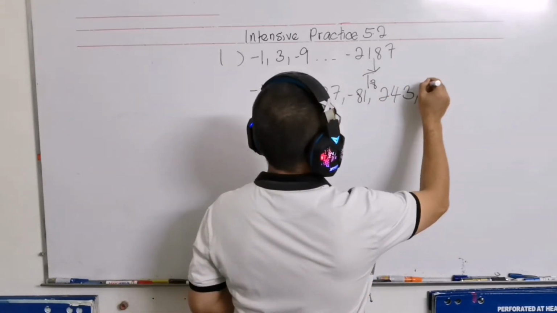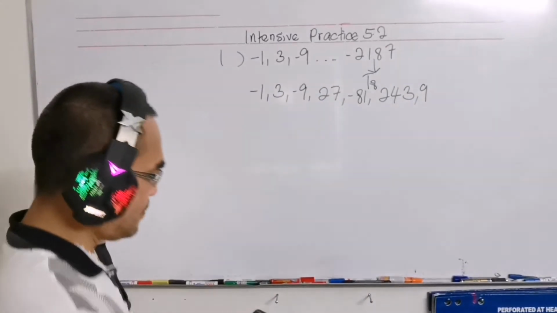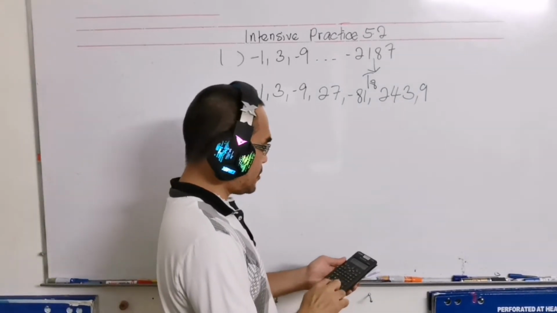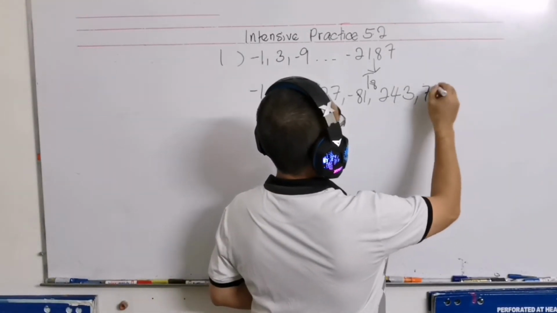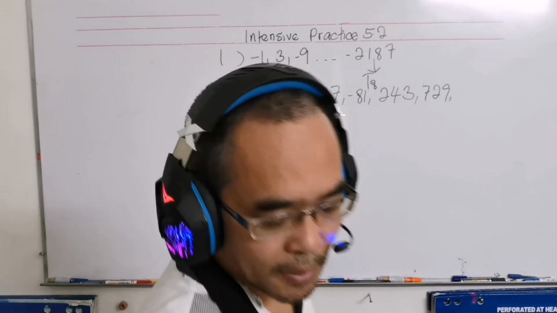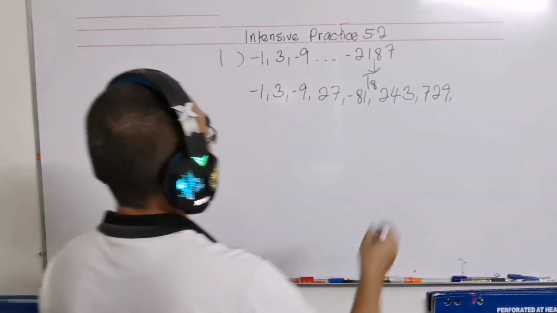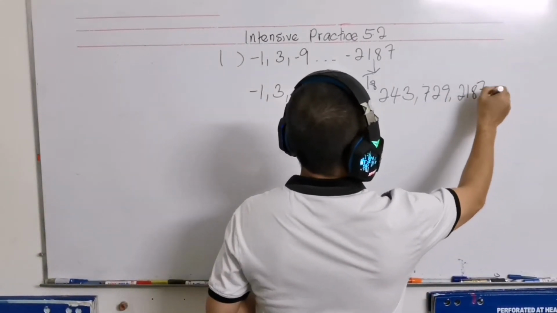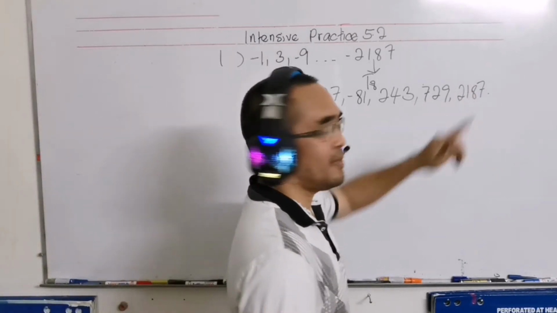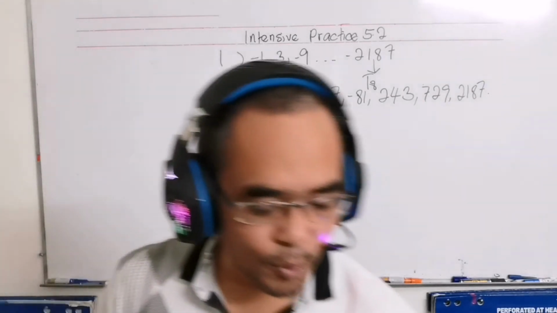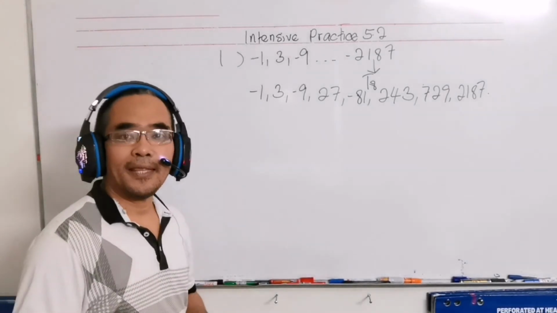Then I need the help of a calculator. 243 times 3 is 729, then multiply by 3 again, 2187. So 1, 2, 3, 4, 5, 6, 7, 8. There are 8 terms. Actually, we don't have to prove this, because we have calculated it just now.